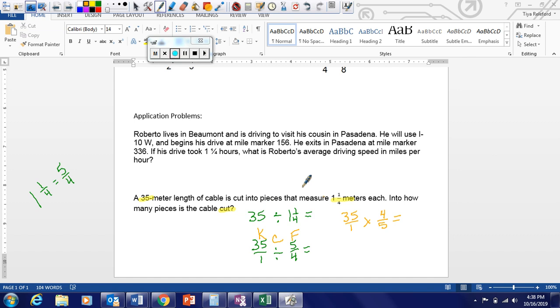Now the great thing about this one again is simplifying. 35 divides by 5 and 5 divides by 5. So that's going to make life way better. And you are also going to get a nice whole number answer.